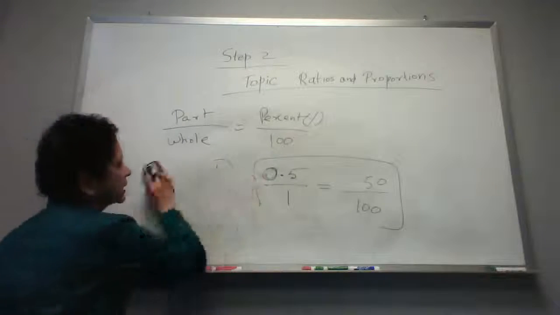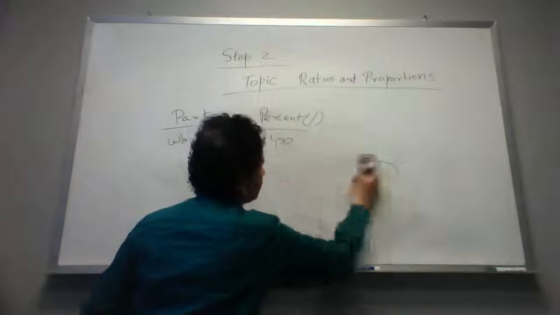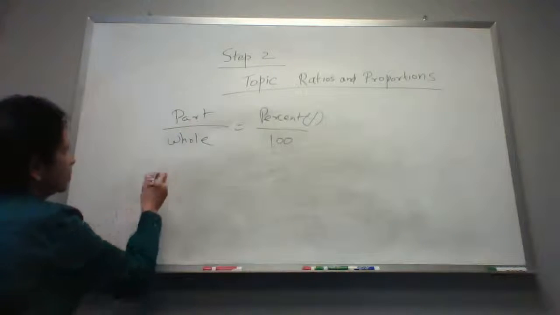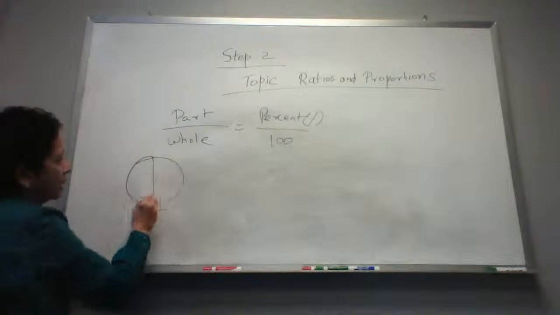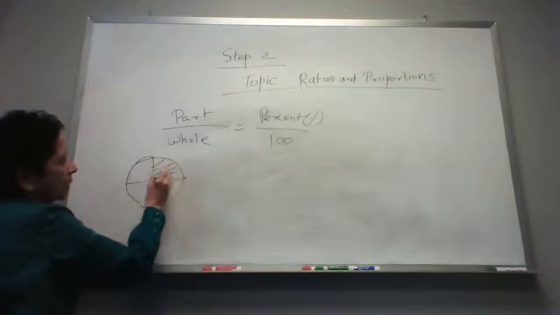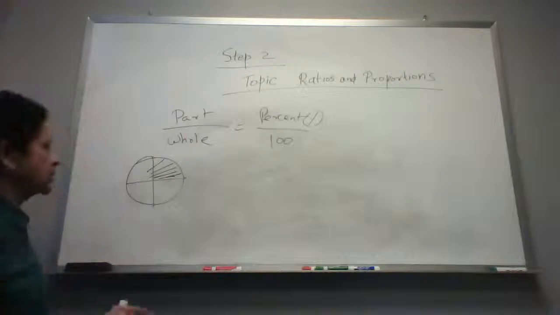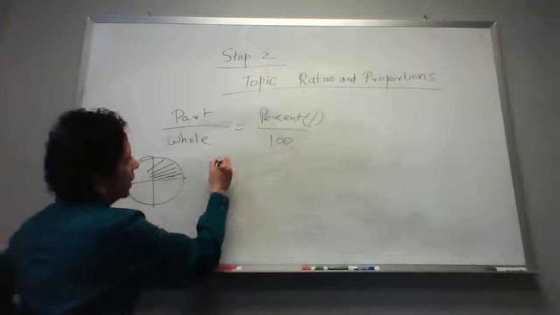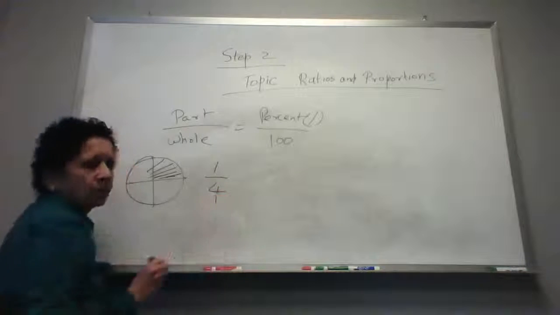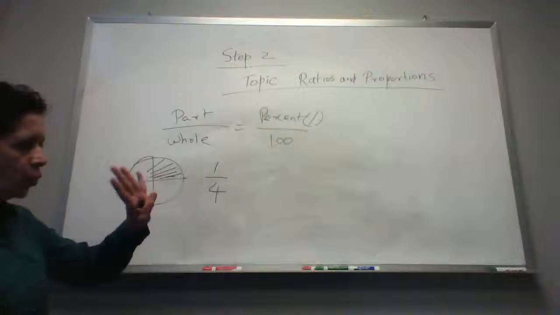So let's do another example. Let's say that I'm going to cut the pie into 4 pieces. You are going to get 1 piece, I'm going to get 1 piece, and 2 friends are going to get 2 other pieces, okay? So now you got 1 out of 4. In terms of fraction, out of 4 pieces you got 1.